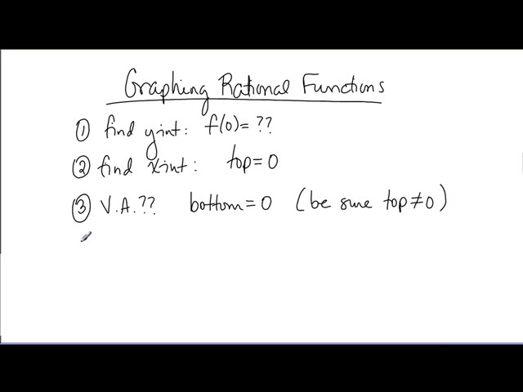Vertical asymptotes are next. Horizontal asymptotes. To find horizontal asymptotes, you're going to use the rule that I mentioned in the earlier video.